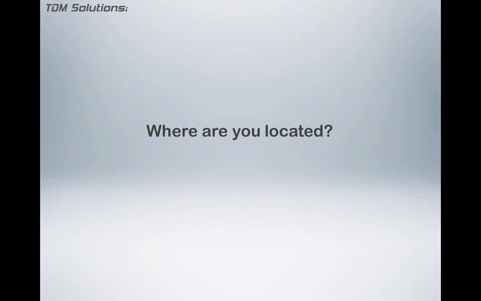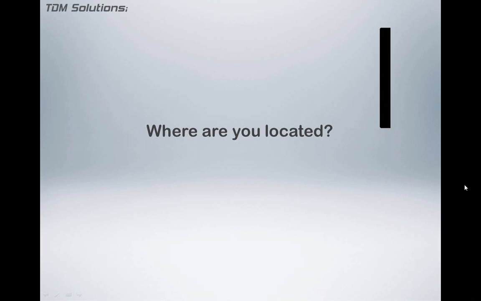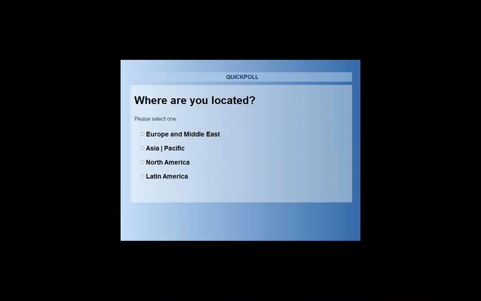I would like to ask you, where are you located? You will now see a question on your screen. Where are you located? You can select Europe or Middle East, Asia or Pacific, North America, or Latin America. Click and then click on submit.